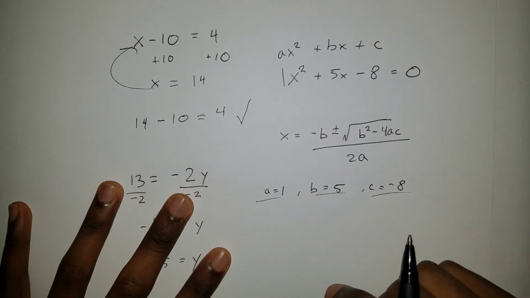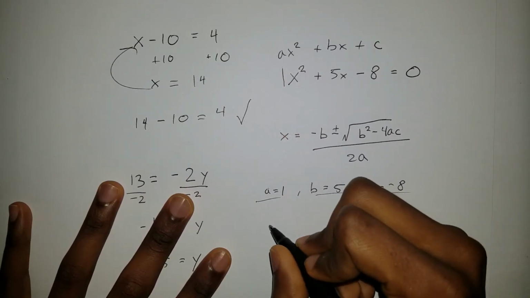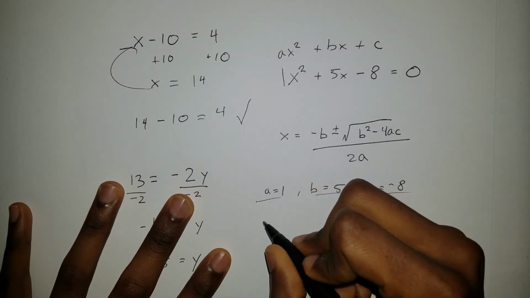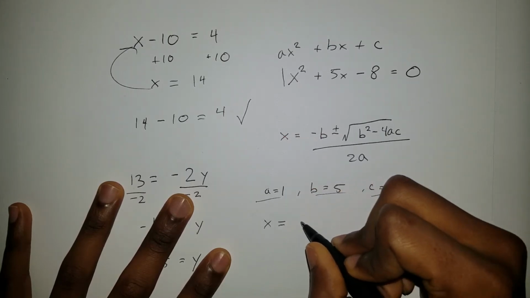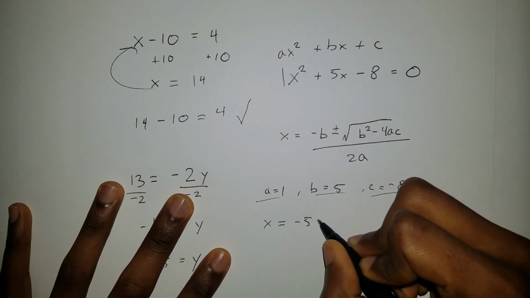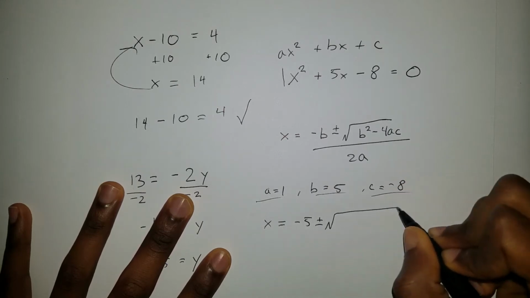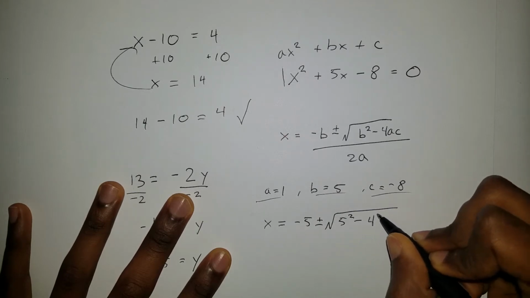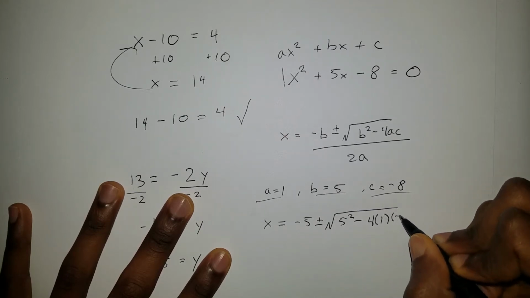Then we'll have, quadratic formula, x equals -5 plus or minus the square root of 5 squared minus 4 times a times c.